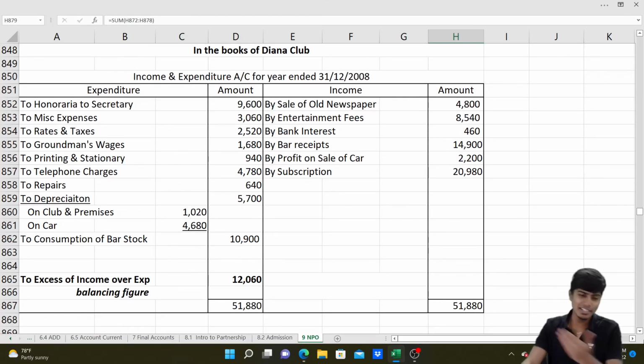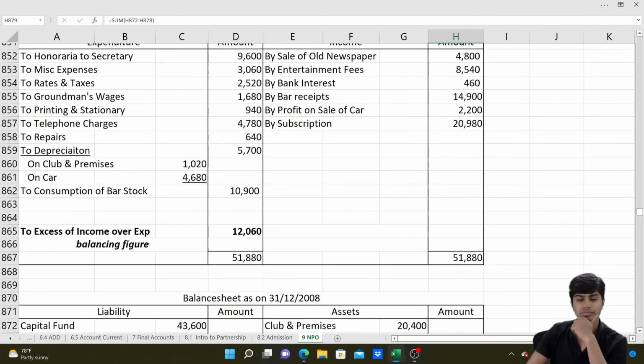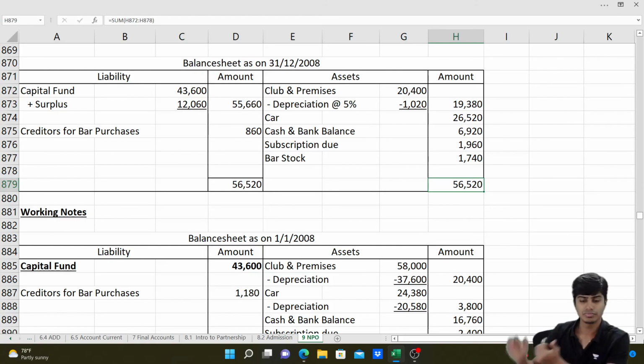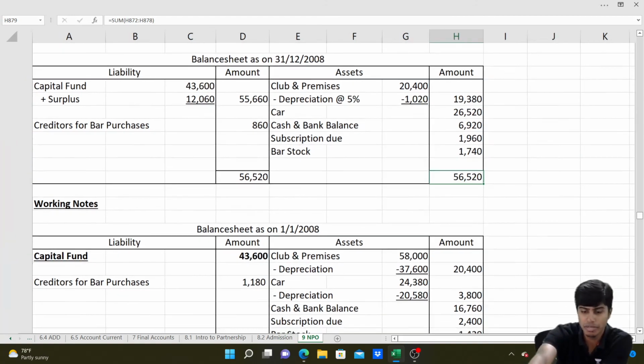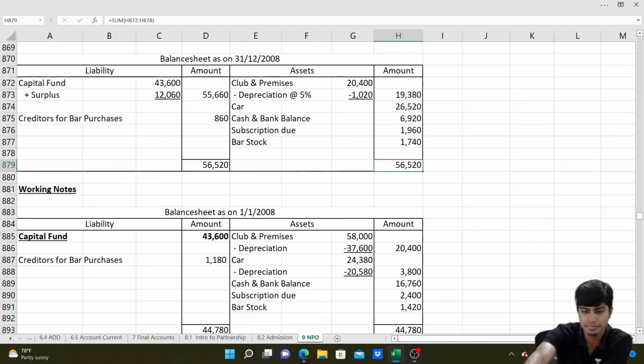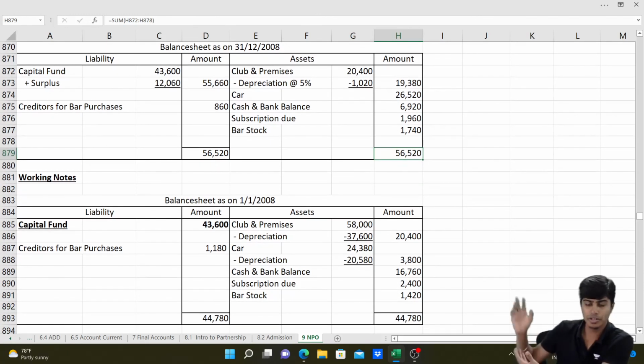So great, I'll show each of the account for a span of 10-15 seconds so that you can pause and copy, or pause and take a screenshot if you want to. That's our income and expense account. I'll show both opening and closing balance sheet simultaneously.